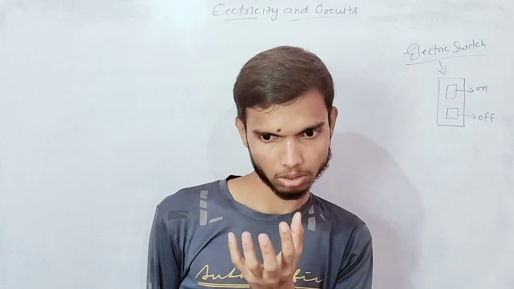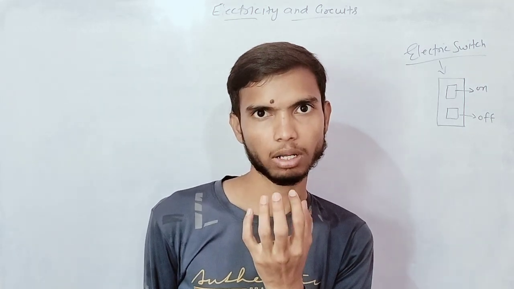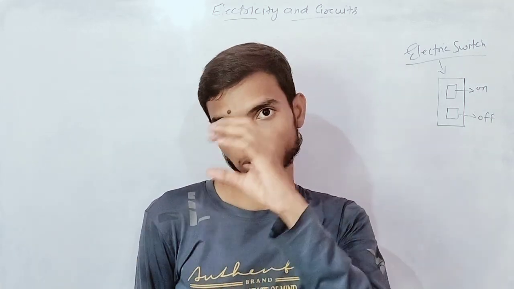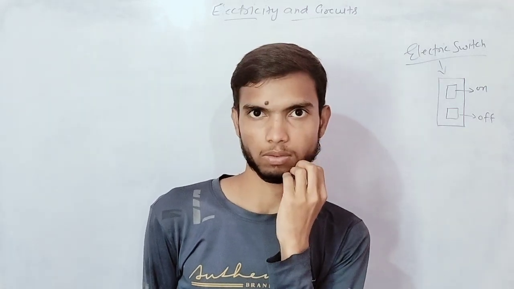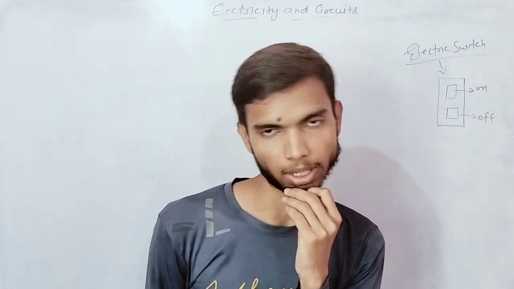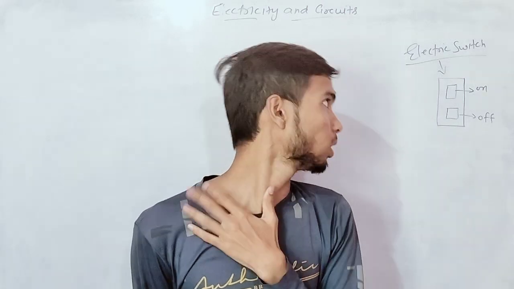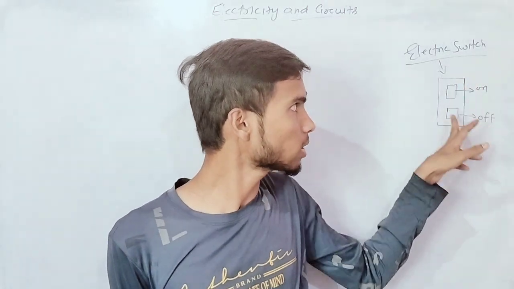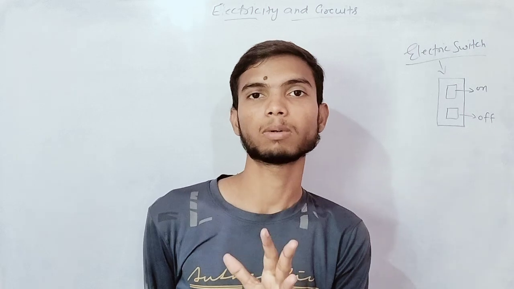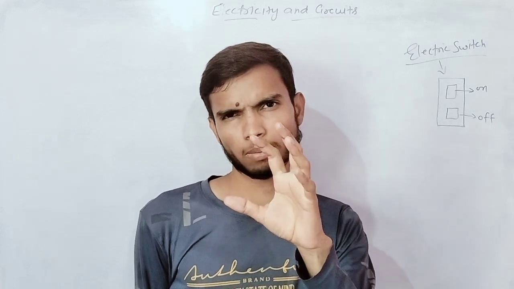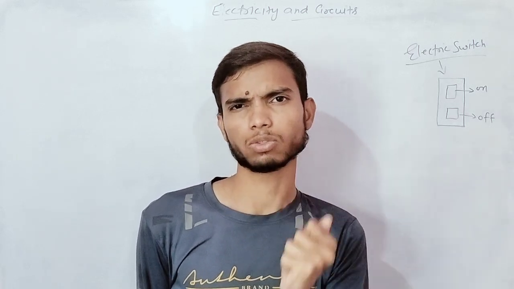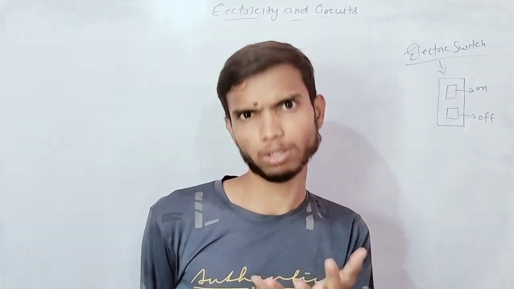So on the lower surface there will be a conductor, and the upper surface is made of insulator, which is plastic. Clear?